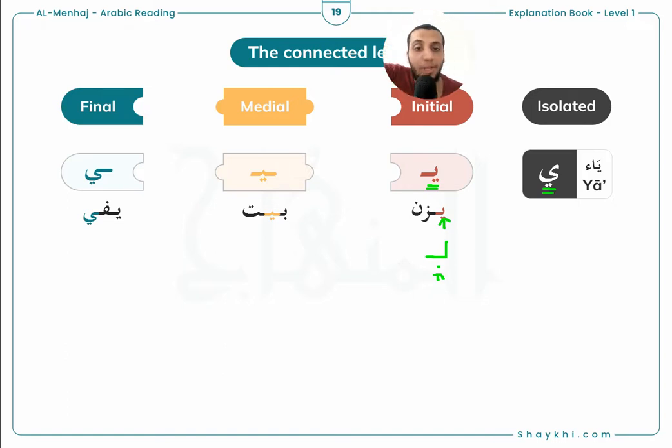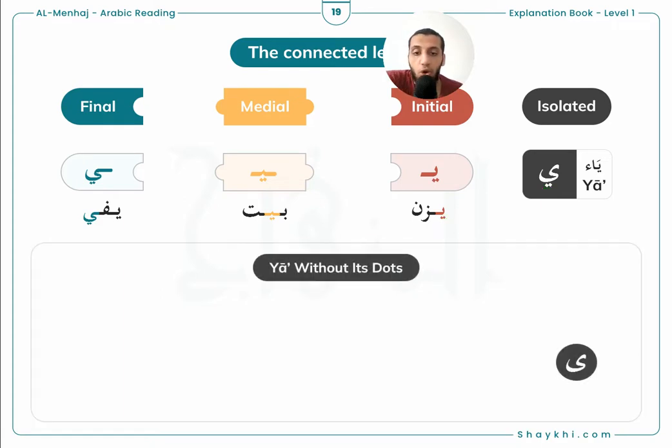Okay, so yeah, without any dots. Seriously, this might happen. Yes, it might happen, but how? And will it be read in the same way or not? This is what we'll discover now.